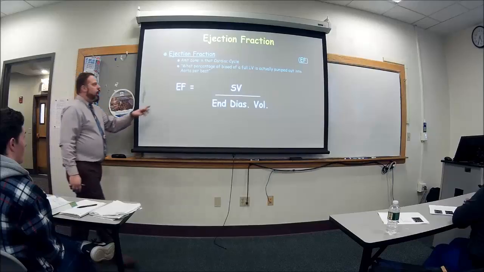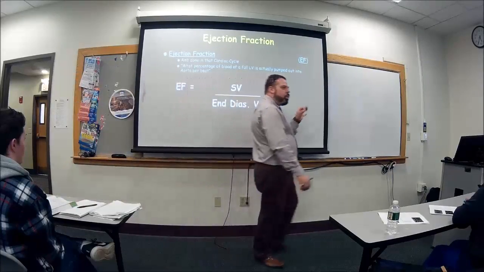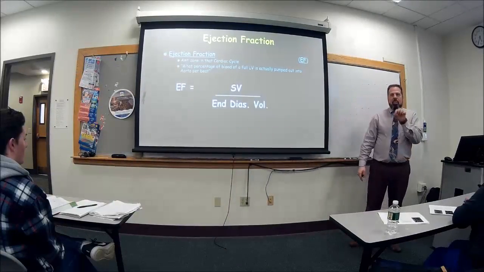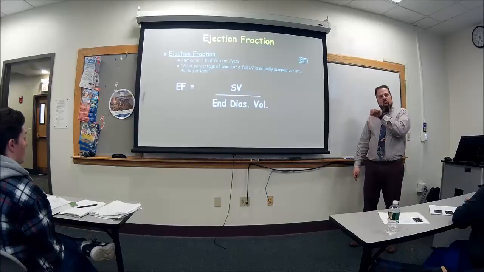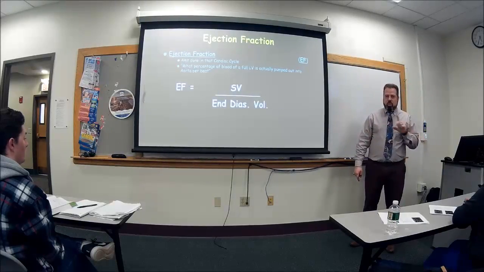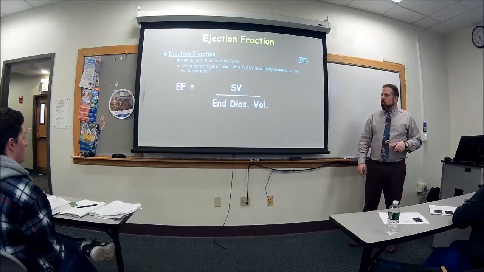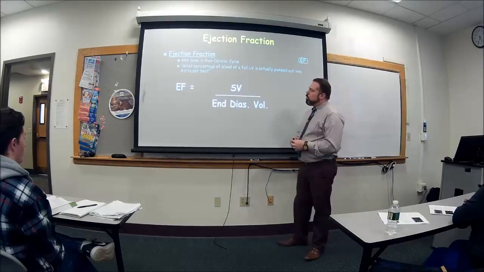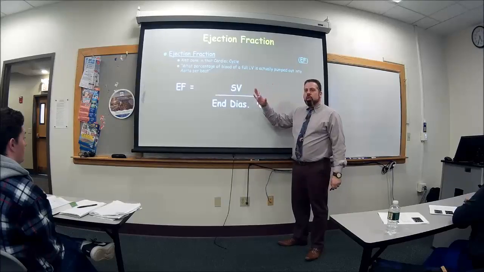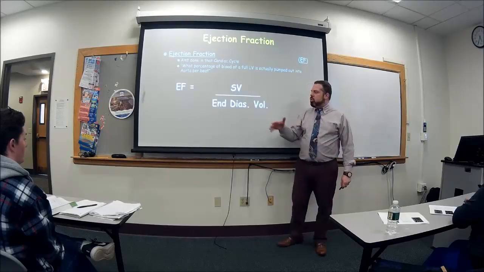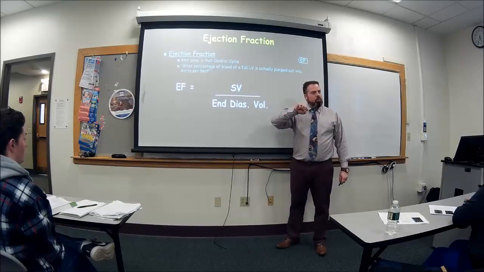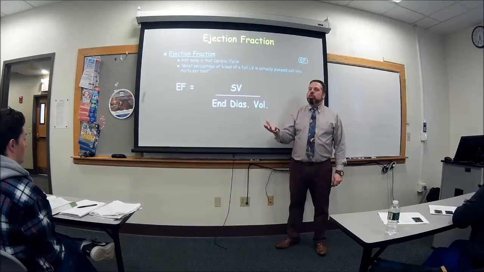So an ejection fraction is the percentage of the blood in a full chamber that comes out. How much of that comes out, percentage-wise? I'll just give you numbers. Let's say after you fill up the left ventricle, maybe 100 milliliters is there.